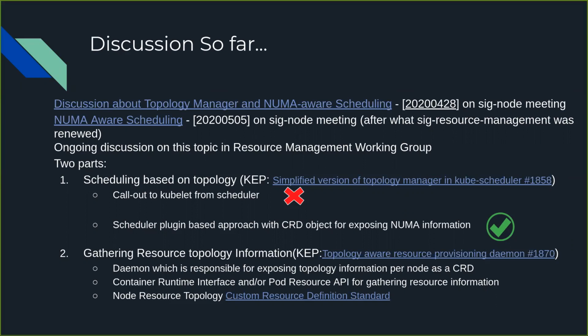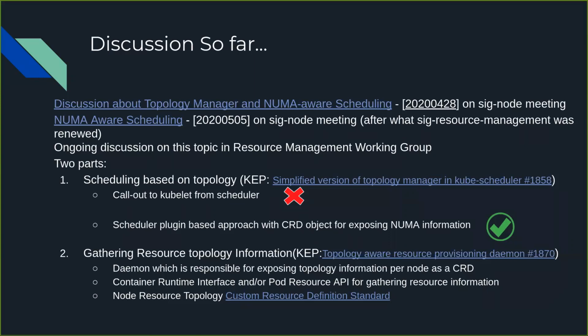Calling the kubelet from the scheduler. It's just a call of a kubelet endpoint from a scheduler plugin. So this approach was rejected. Also, we tried to move the whole topology manager and its dependent managers, like CPU manager and device plugin manager, into the control plane, into a separate daemon, but this approach was also rejected.